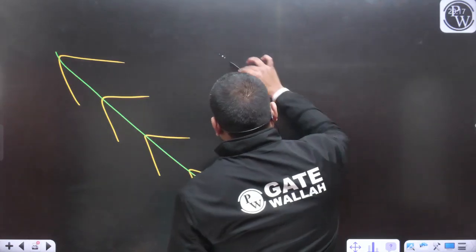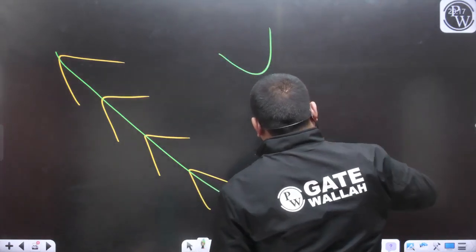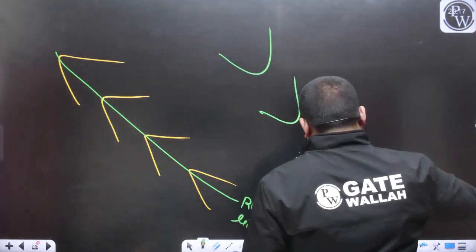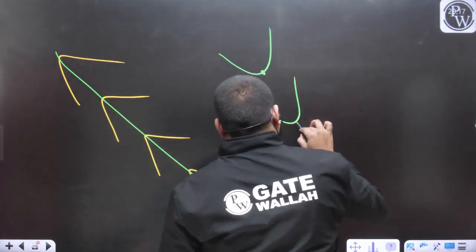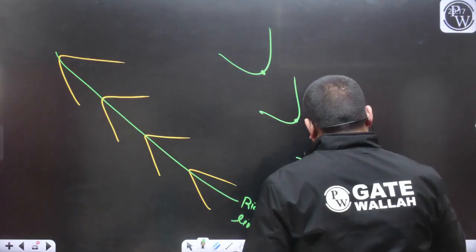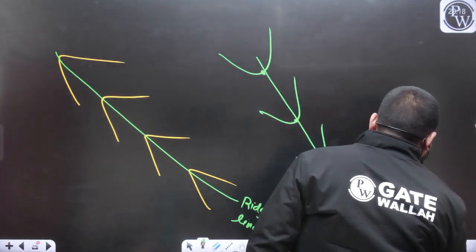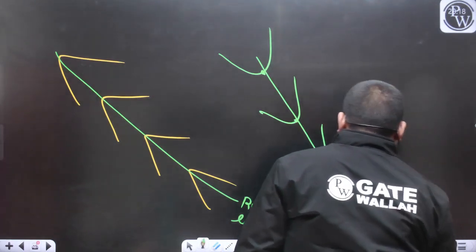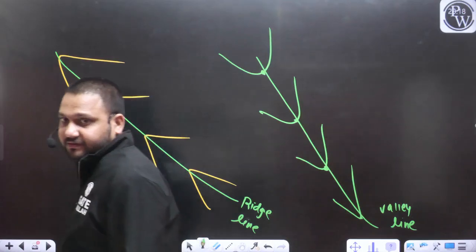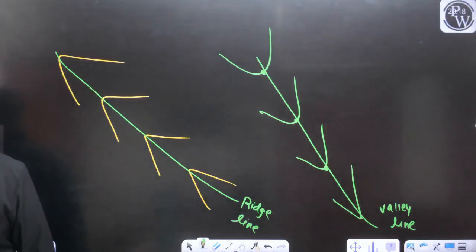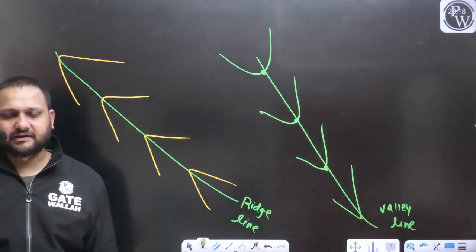Similarly, if we are connecting all the bottom points, this line will be considered as the valley line. So what is this characteristic?